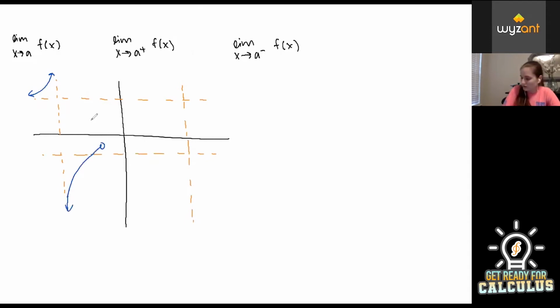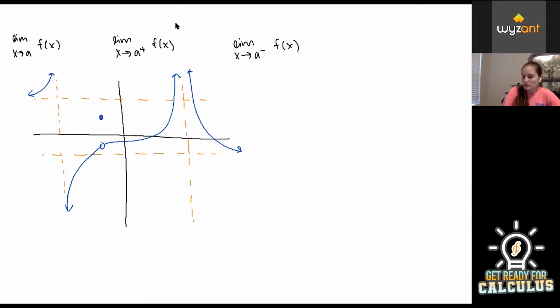Hole there. And okay, for the sake of this graph, we'll put in points as we go.